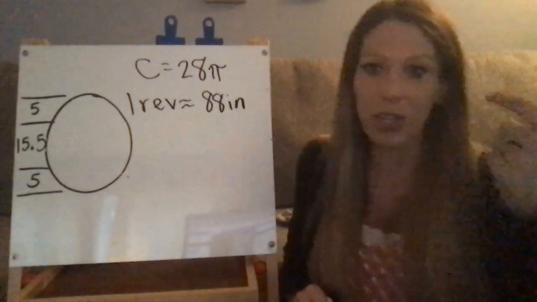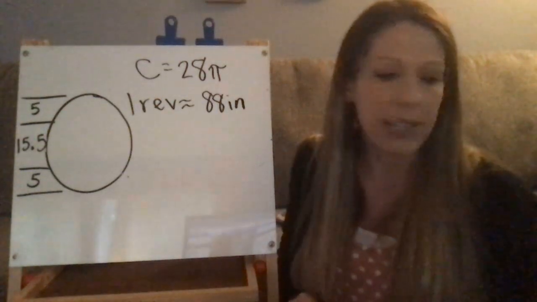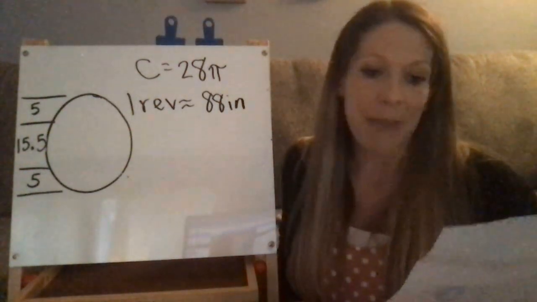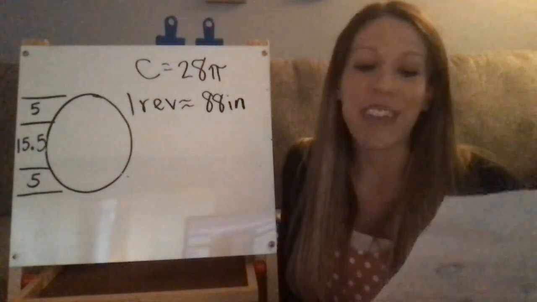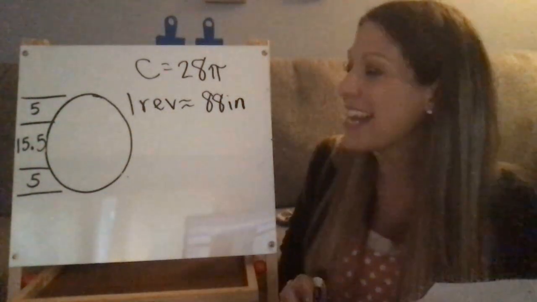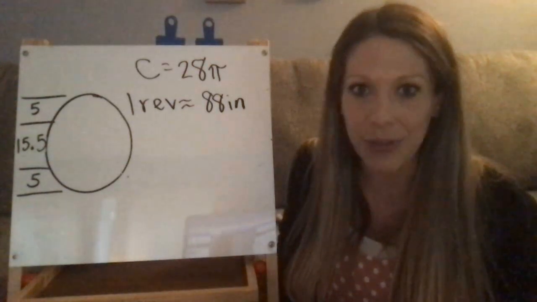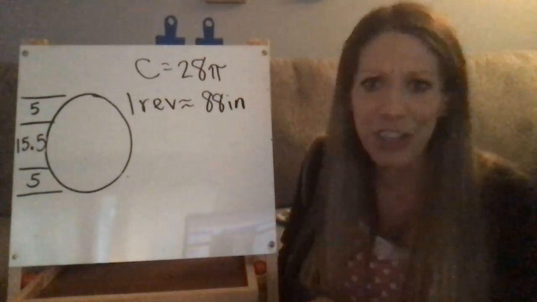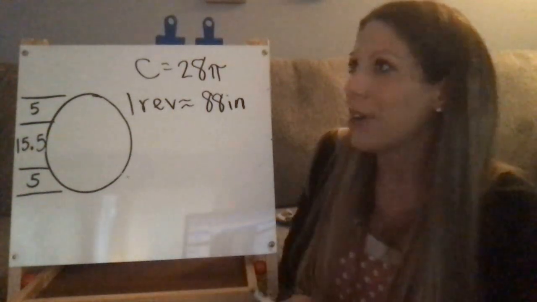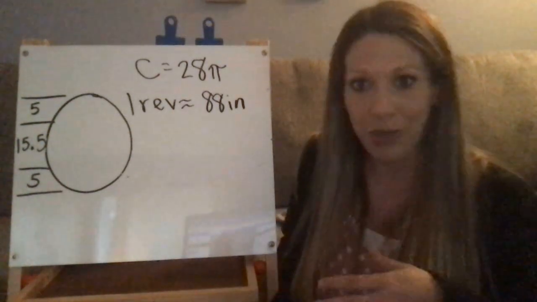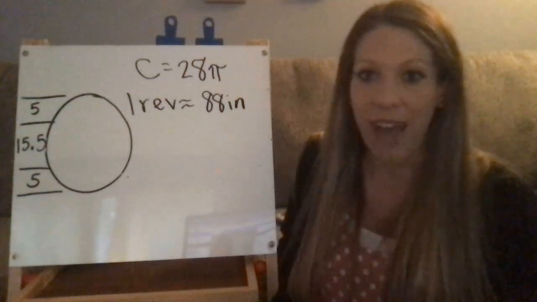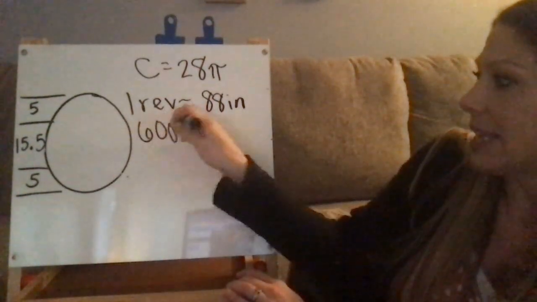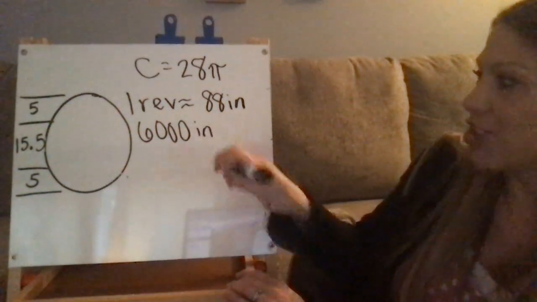So 1 revolution, it would travel 88 inches, and it wants to know how many revolutions it makes if it goes 500 feet. All right, so it goes 88 inches in 1 revolution, but now we're going 500 feet. So how many inches are in 500 feet? Well, if I take 500 times 12, 12 times 5 is 60, so 6,000 inches.